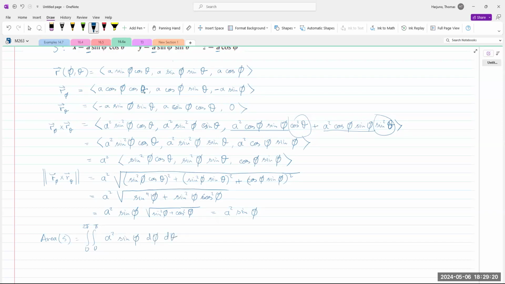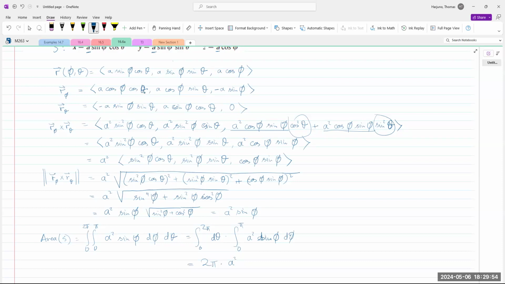Notice that the domain of integration is, quote unquote, a rectangle and the integrand is separable. So this is basically the integral from 0 to 2 pi of d theta times the integral from 0 to pi of a squared sine phi d phi. Okay, the first integral gives us 2 pi, the second integral gives us a squared.